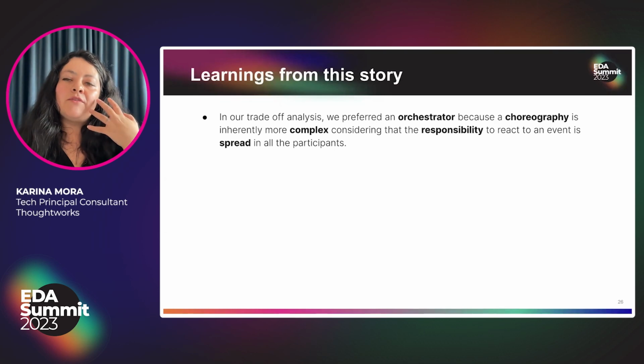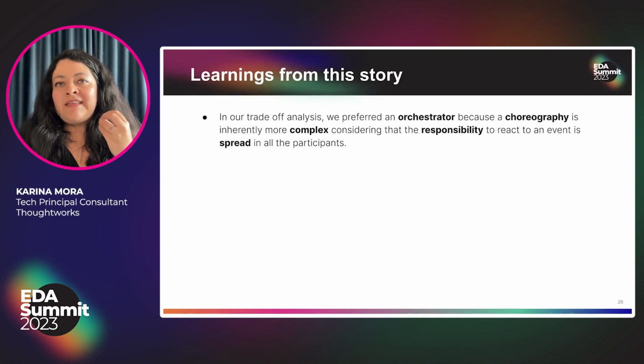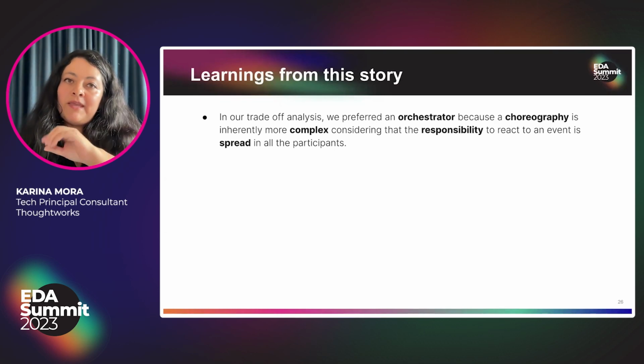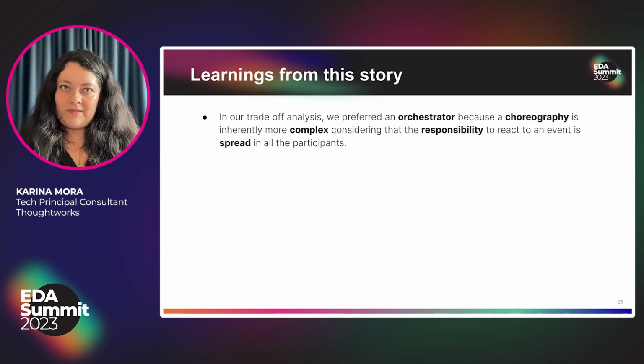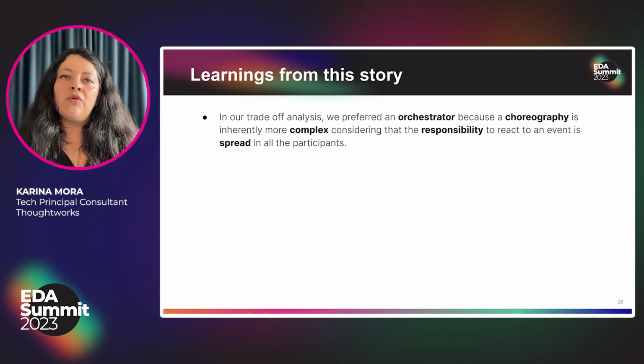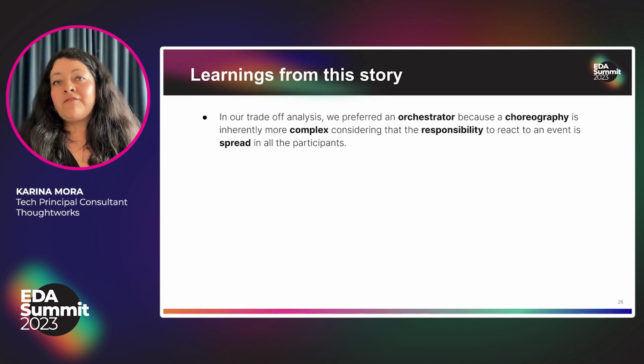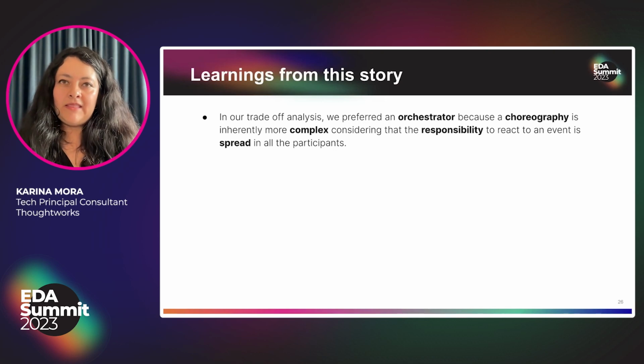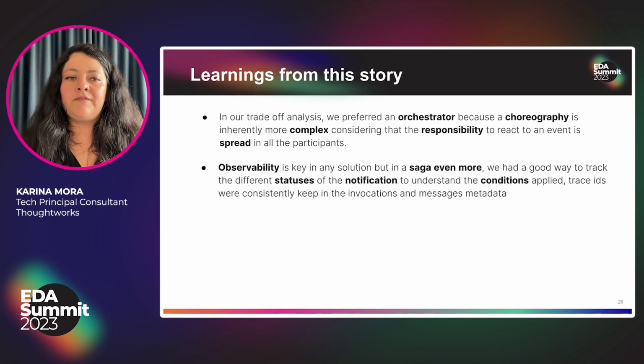Think about it: if you choose a choreography, then this responsibility will be spread across all of the participants. For us, choosing an orchestrator also helps us to test all the different flows we have in this logic for the notification.